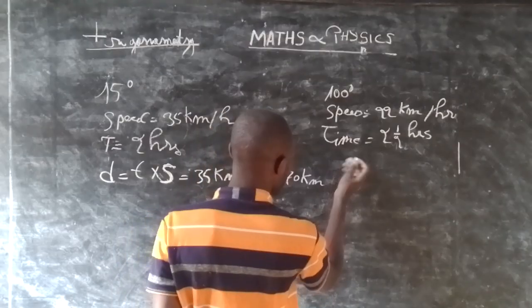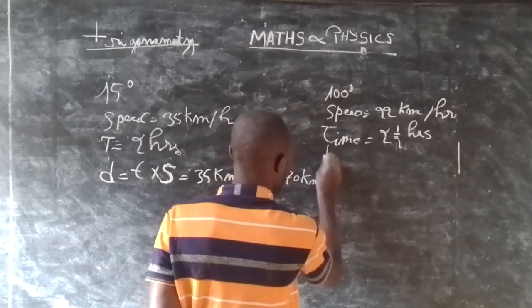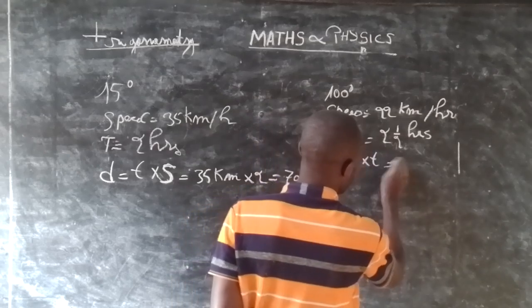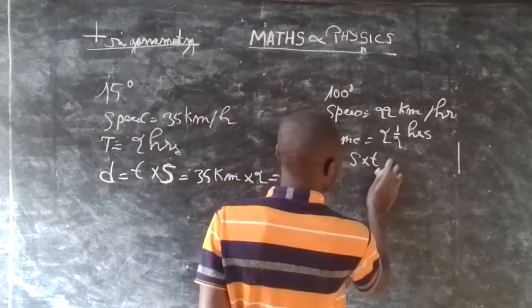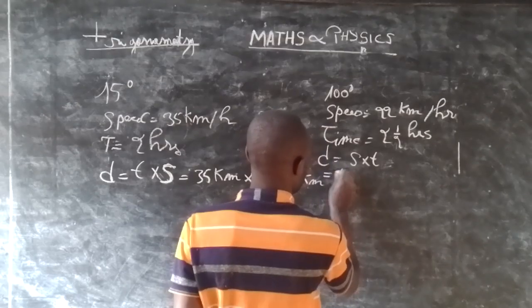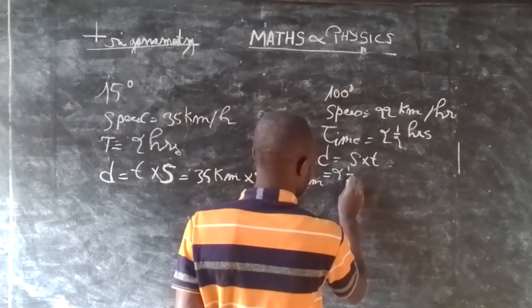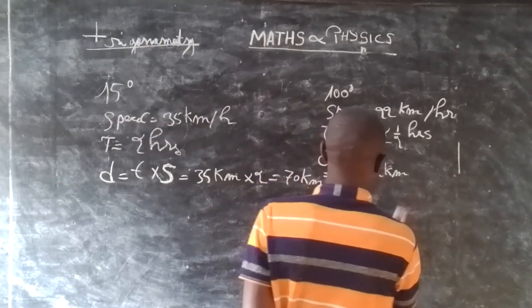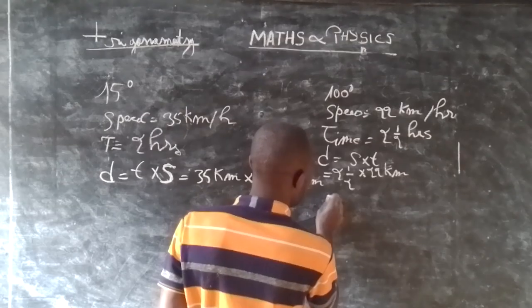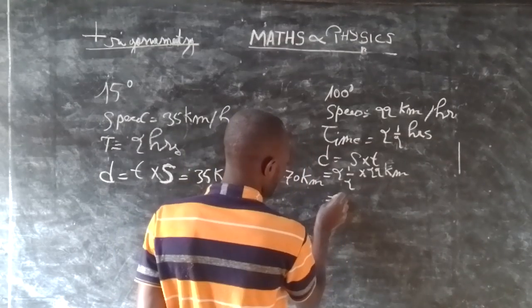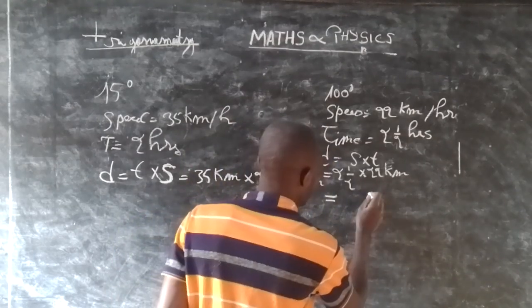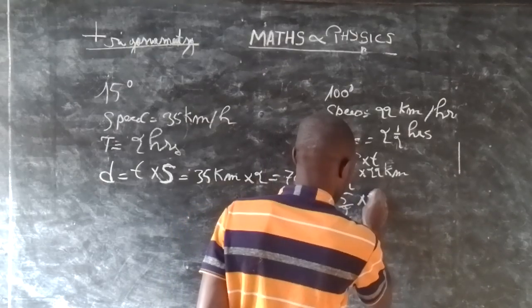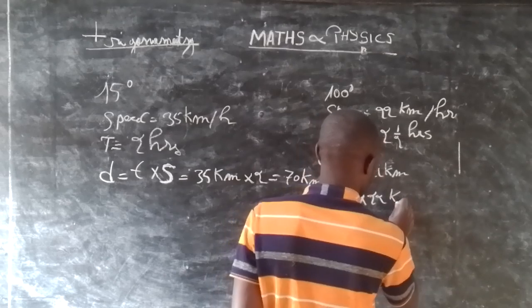And also there we are asked to determine the distance. The distance is speed times time, which is equal to 22 kilometers times 2.5, that is 5/2 times 22 kilometers.